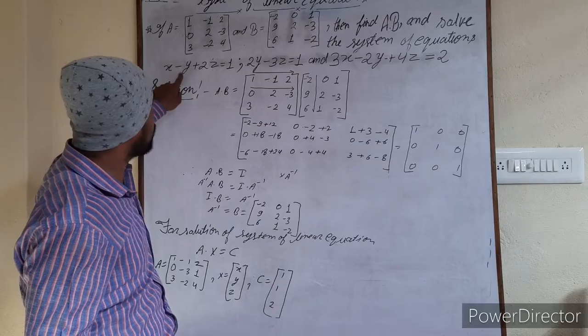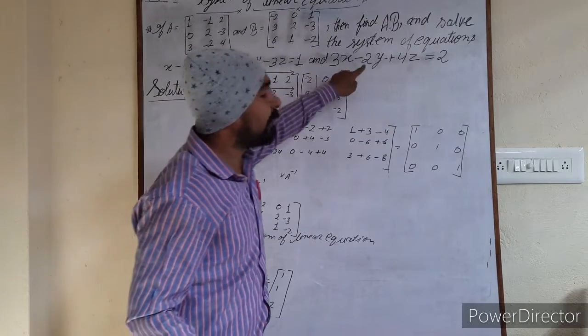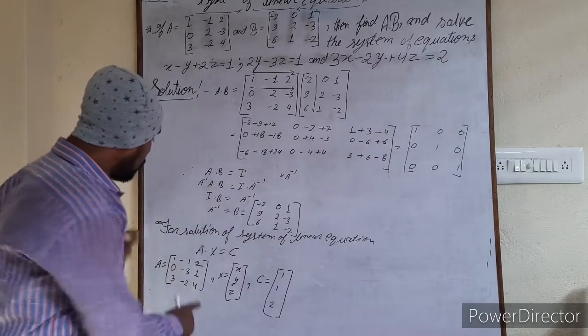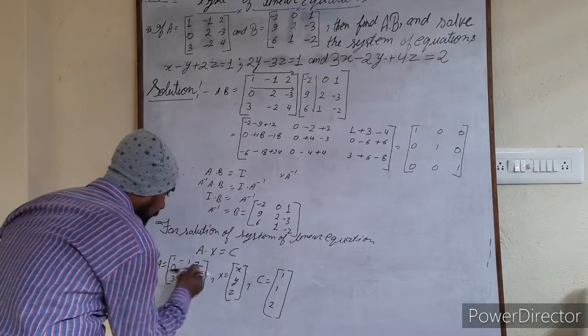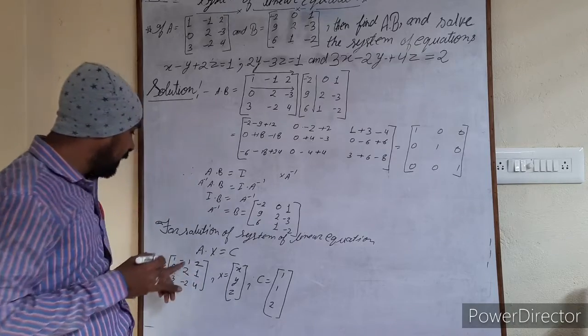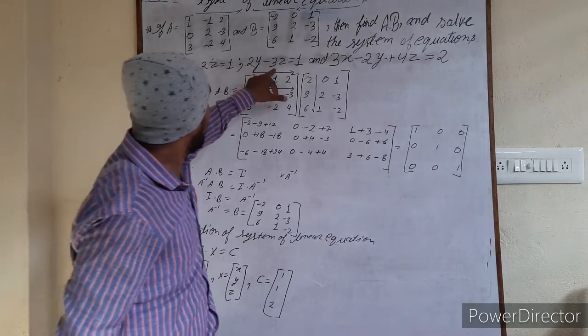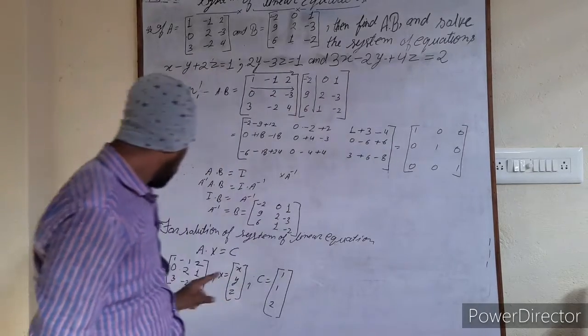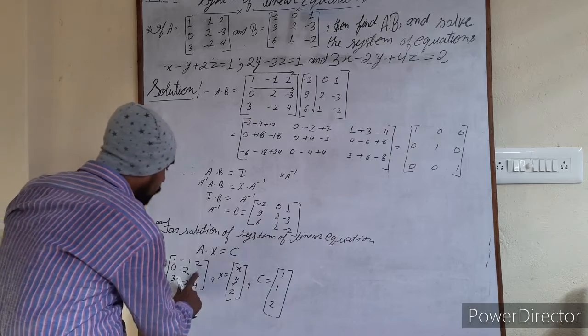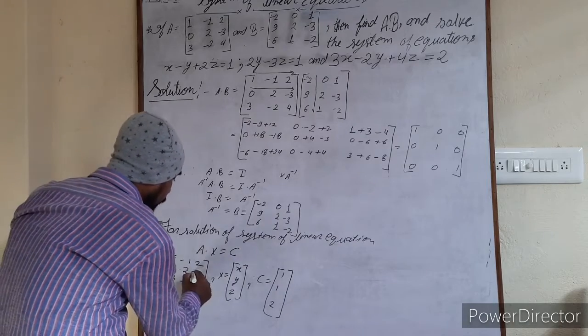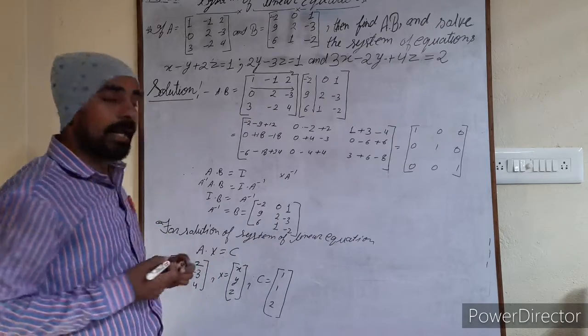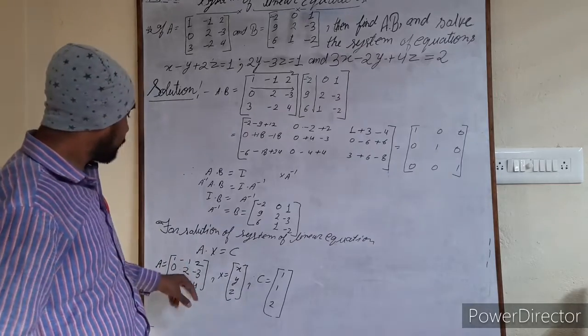Again I am repeating, -1, 2 and -2 should be here. Now the coefficient of z, that is 2, -3, 4. 2, -3 should be here, -3 and 4. That has been written here.